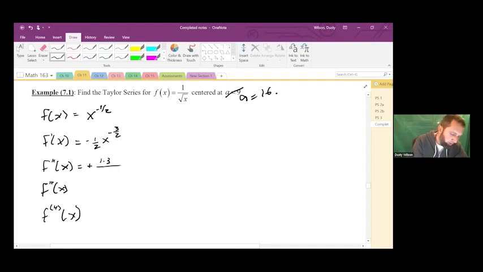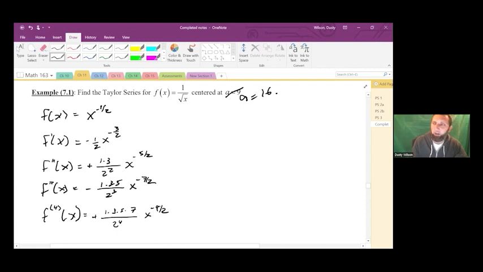So we're going to have 1 times 3 over 2 squared x to the negative 5/2. Then it's going to be negative 1 times 3 times 5 over 2 cubed x to the negative 7/2, positive 1 times 3 times 5 times 7 over 2 to the 4th x to the negative 9/2. So we can clearly see the pattern of what's going on in our terms.